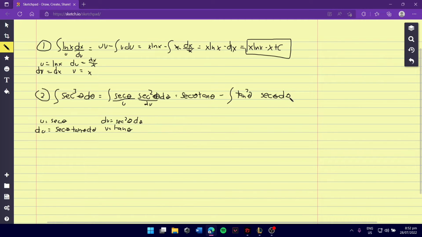d theta. Okay, so next we will transpose this using a trigonometric identity. So copy secant theta tangent theta minus, and tangent squared theta will become secant squared theta minus 1, and then add our secant theta d theta.